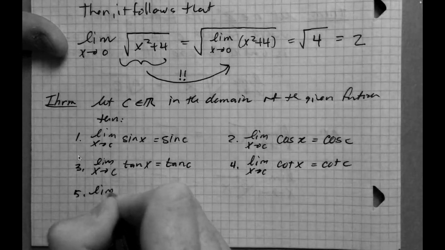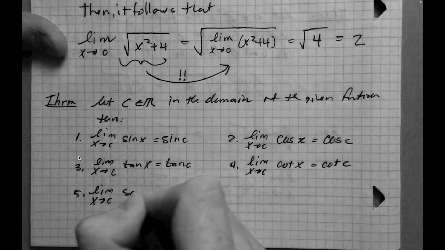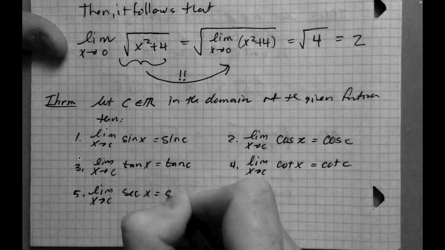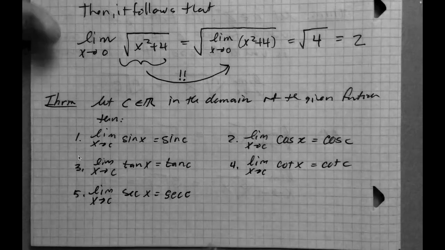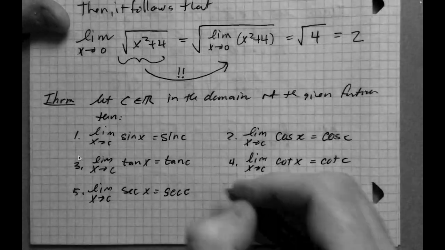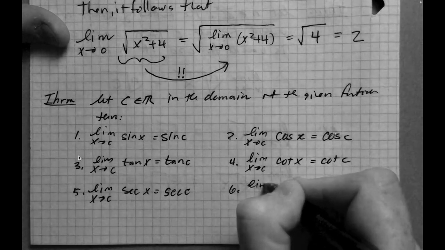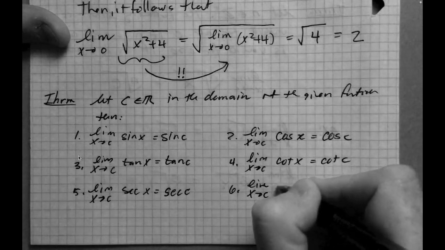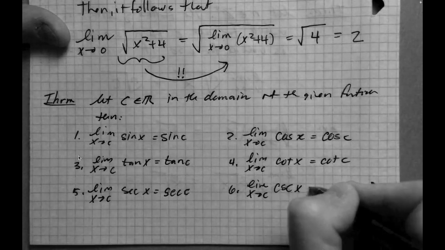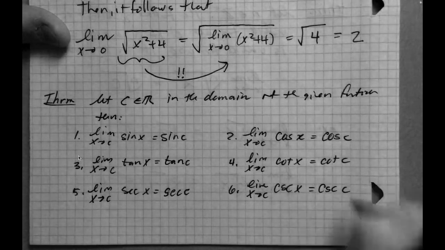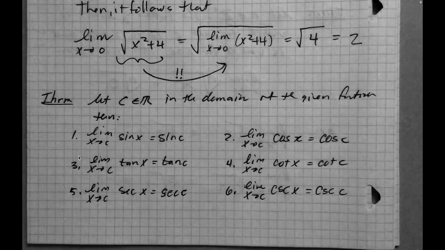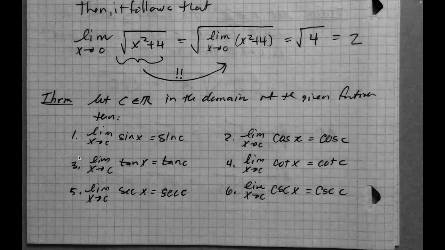The limit as x approaches c of the secant is equal to the secant evaluated at c. And finally, the last one would be the cosecant. The limit as x approaches c of the cosecant of x is equal to the cosecant of c. Okay, so we get all of the trig functions. They come very, very nicely.